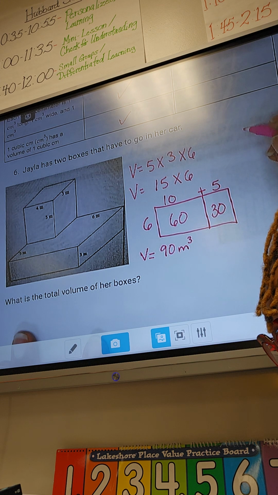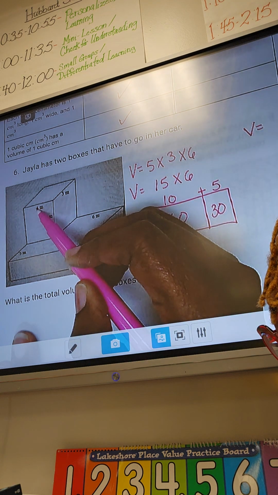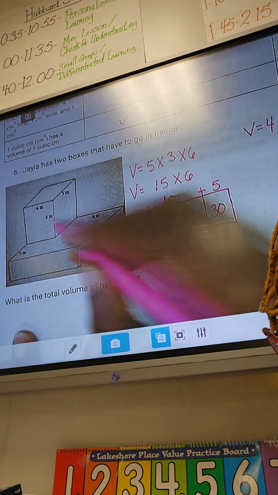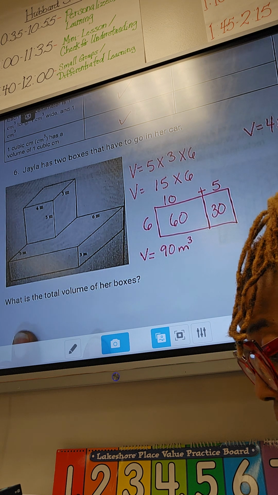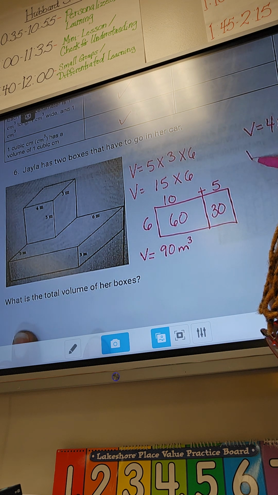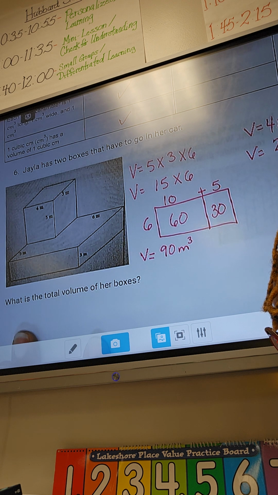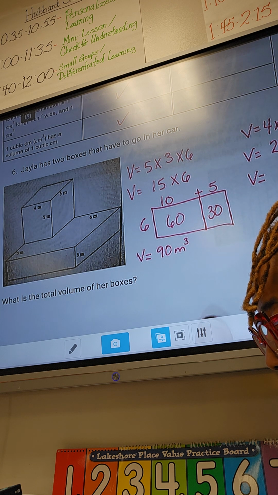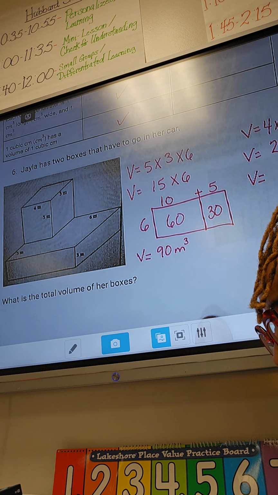Top box. Volume equals 4 times 5 times 5. Volume equals 20 times 5. Volume equals, you can count by 20s, or you can simply see the 0, bring it down, and say 2 times 5 is 10.